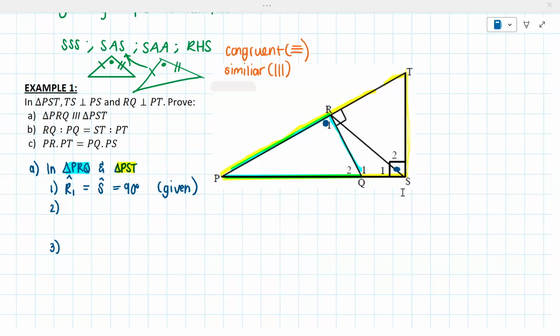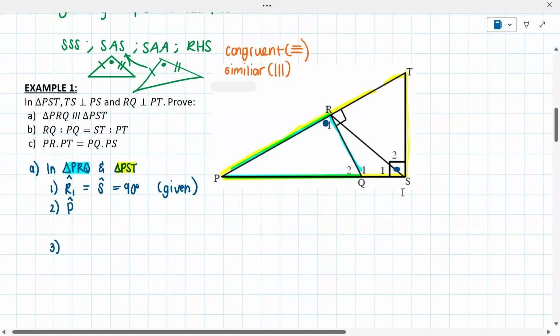Nice. Exactly. Angle P is common. So guys, if you have a look at your blue and your yellow triangles, hopefully what you see is that they overlap at the angle P, which means that angle exists in both triangles. And so angle P is common.